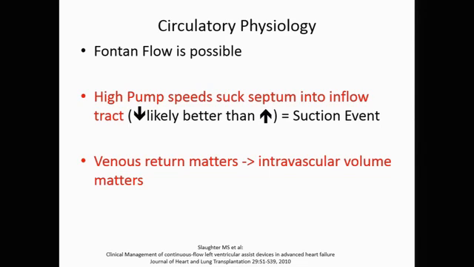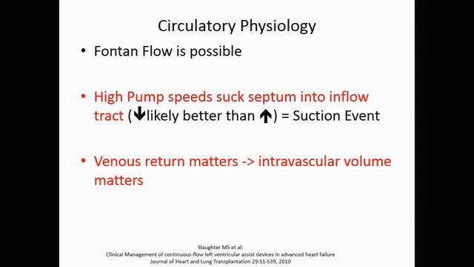If they've got significant pulmonary hypertension, then passive flow will be insufficient to generate a forward flow through their right-sided circuit. Very important. High pump speeds can suck the septum into the inflow tract, particularly in hypovolemic patients. I'll show you a couple of snapshots from an echo a little bit later in the lecture about that.